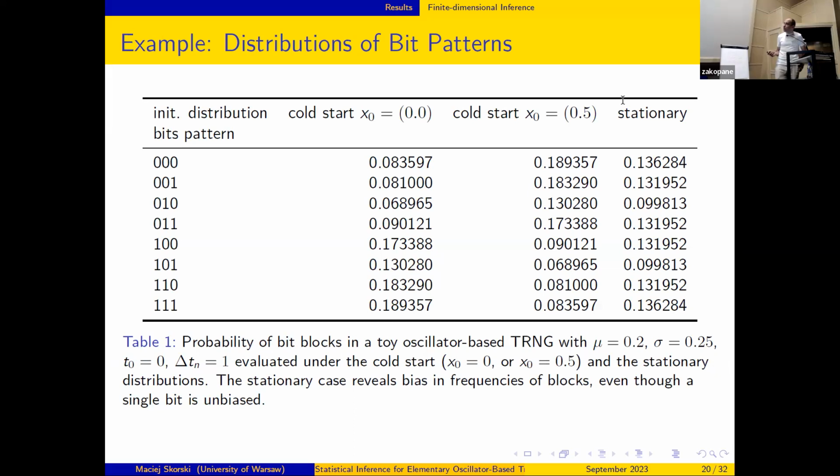Basically, for some toy parameters, I give a description of probabilities assuming different starting conditions, stationary distribution or fixed point locations. And this is just to highlight that numerically we can tackle this problem, and we can actually compute finite dimensional probabilities.